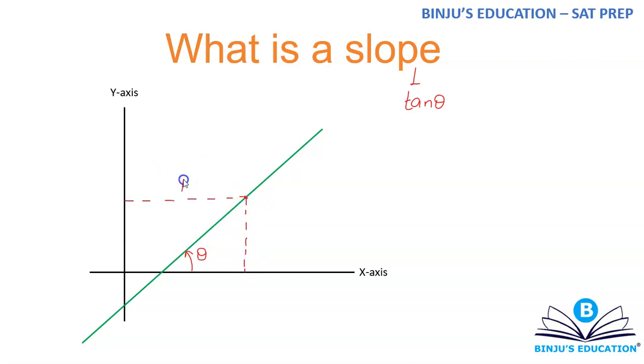So let's say I have this point P, x1 comma y1, and let's say I have this point Q, x2 comma y2.